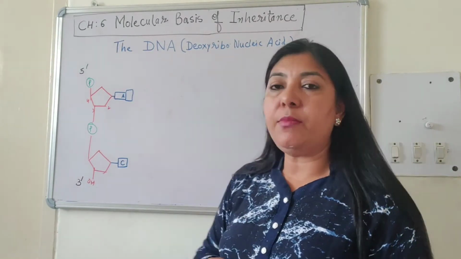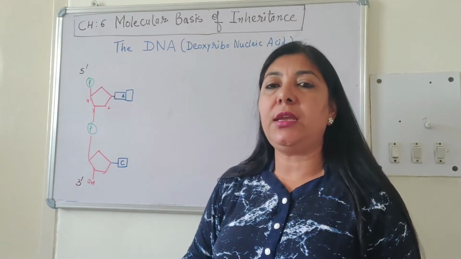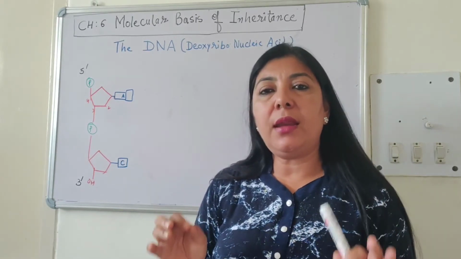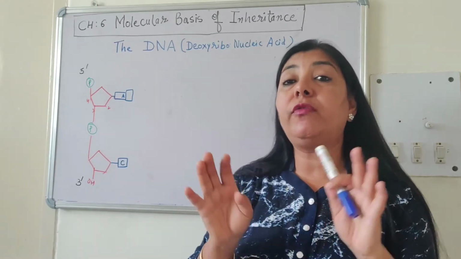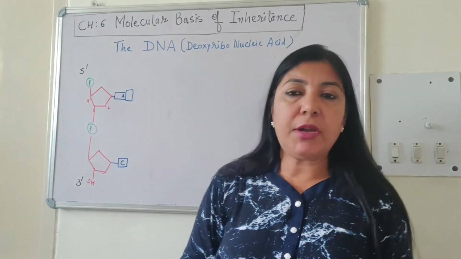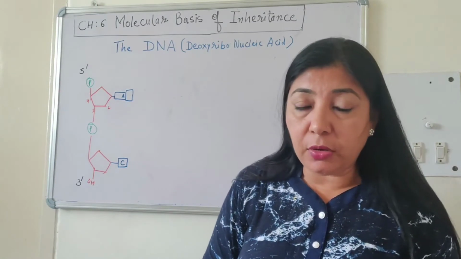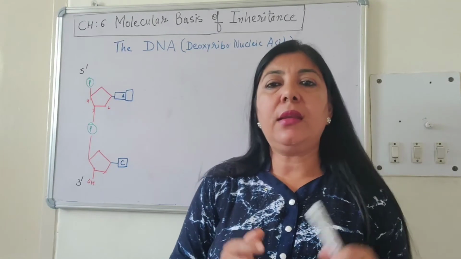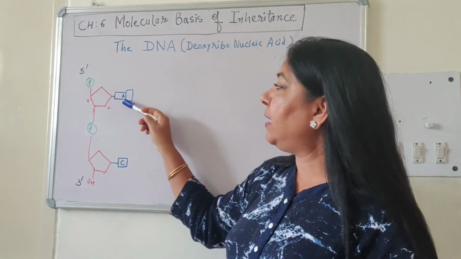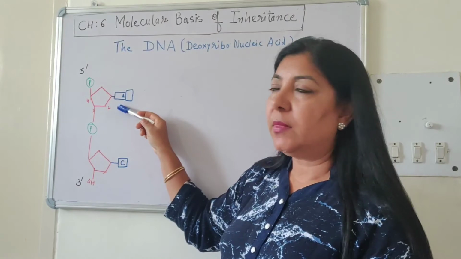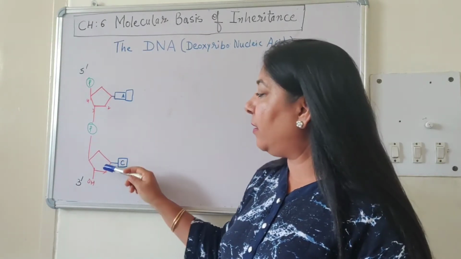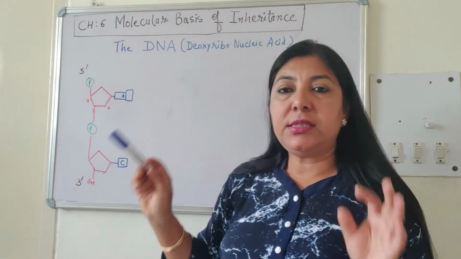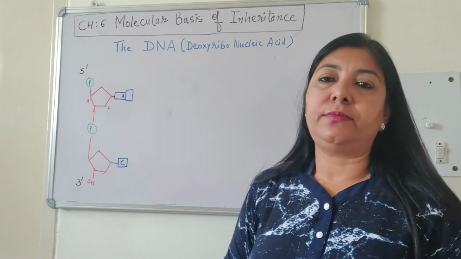Now at the 1 prime position of every deoxyribose, it will have any one nitrogen base out of 4 nitrogen bases. What are the 4 nitrogen bases? You already know. They are adenine, guanine, cytosine and thymine. So suppose this is having adenine and this is having cytosine. So this forms one single polynucleotide chain.